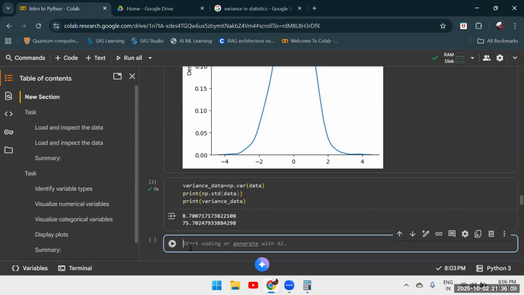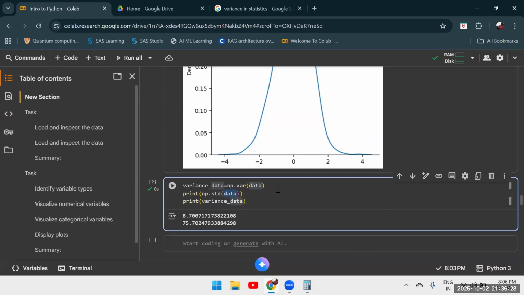Sorry, Raghav, your voice is very low. Which is mean value, sir? Mean value 8.7 something. No, here I didn't put the mean. The mean value is not this.